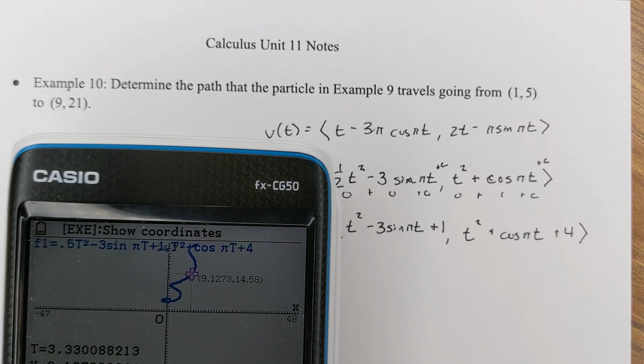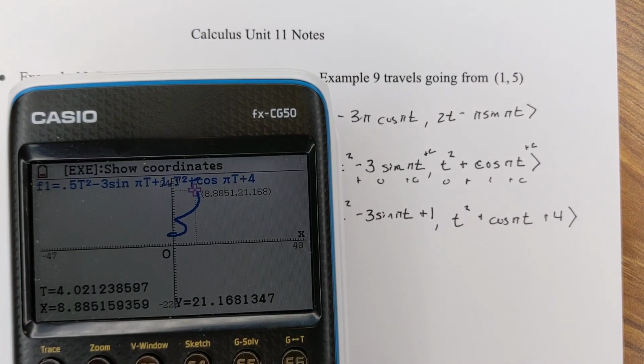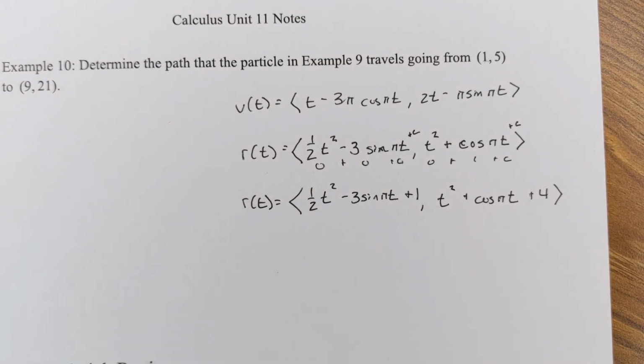It's just going to be about over here. So there's your 9, 21. So that graph shows the path the thing would take. And that brings us to the end of the section.